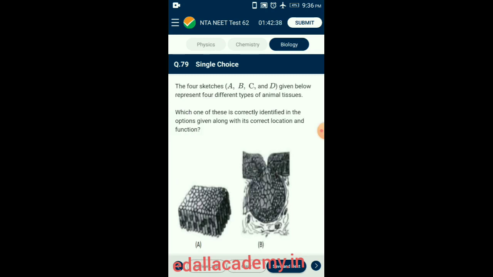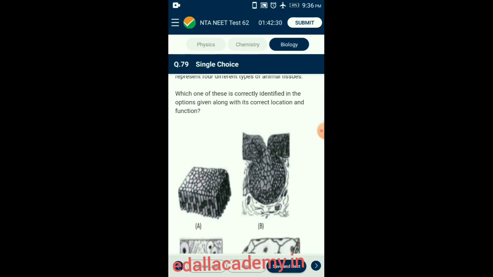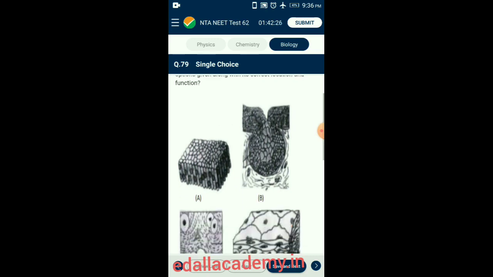Question number 79. Four diagrams are given. A, B, C and D given below represent four different types of animal tissues. Which one of these is correctly identified in an option given along with its correct location and function?